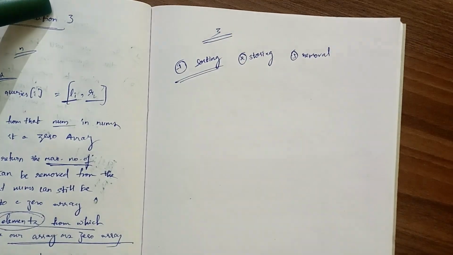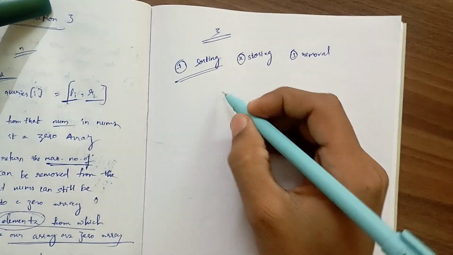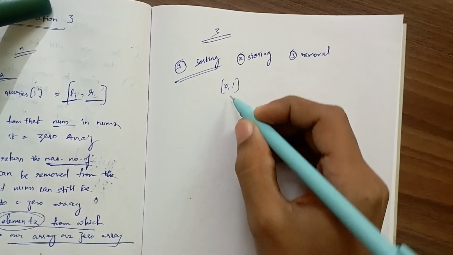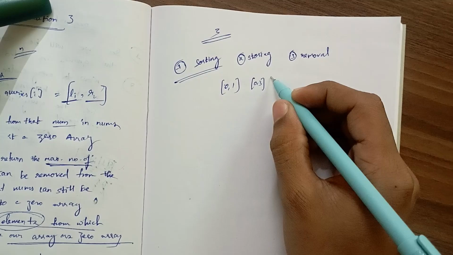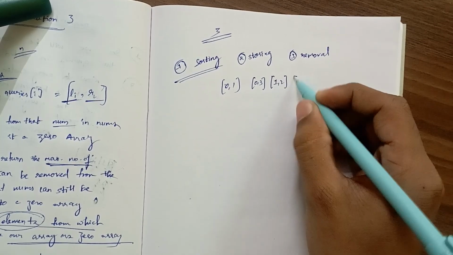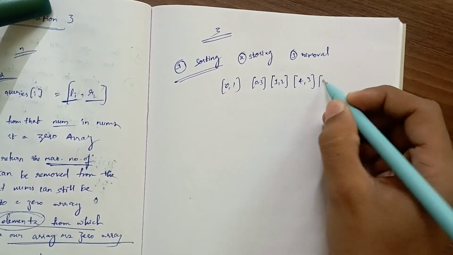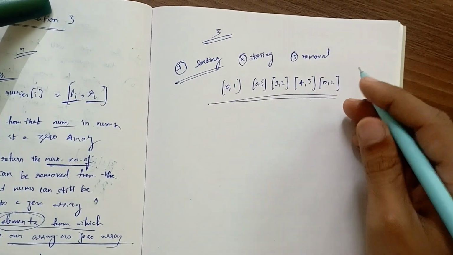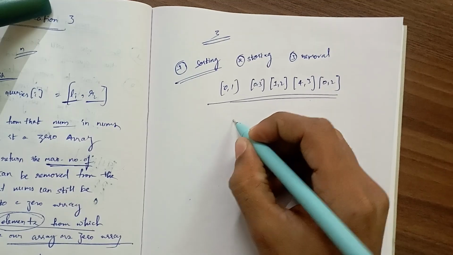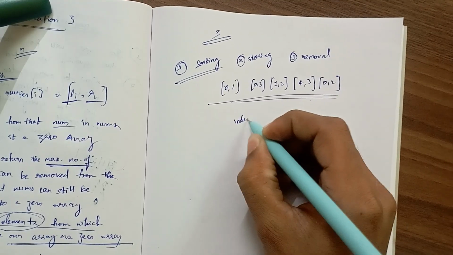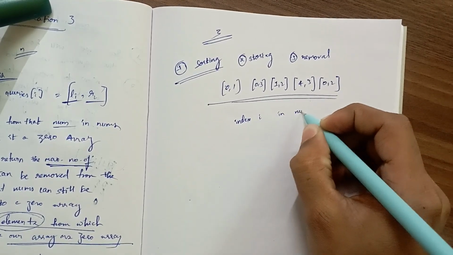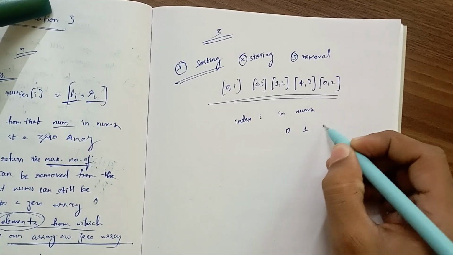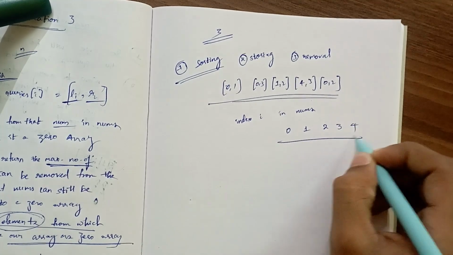First, suppose these are the queries: 0 1, 0 3, 1 2, 4 3, 0 2. We need to sort them first, such that for every index i in nums, we consider 0, then 1, then 2 and 3, then 4 and so on.